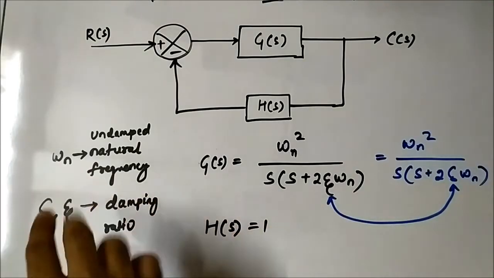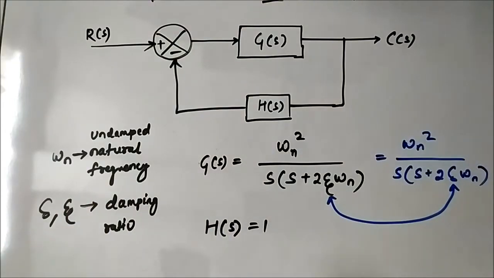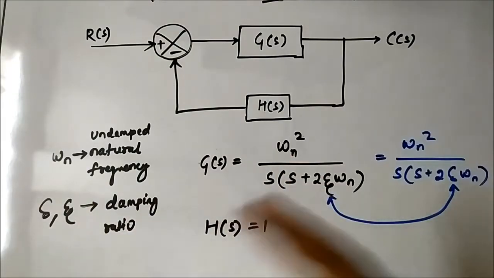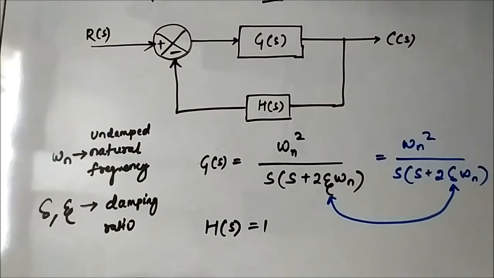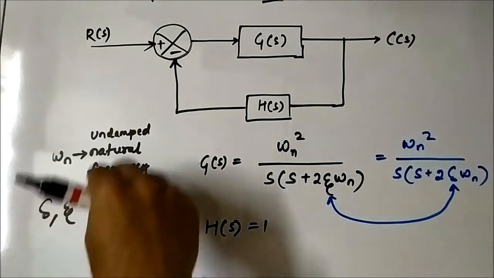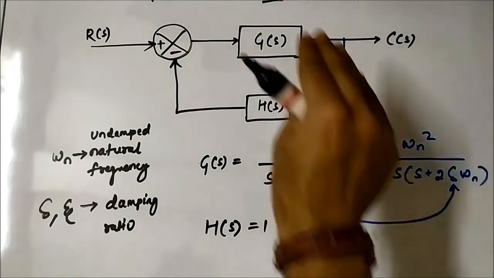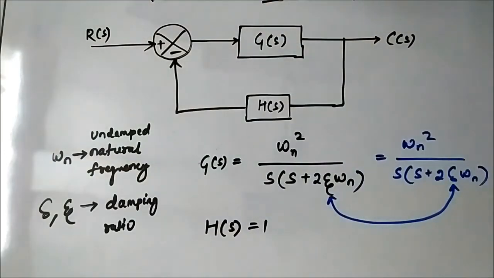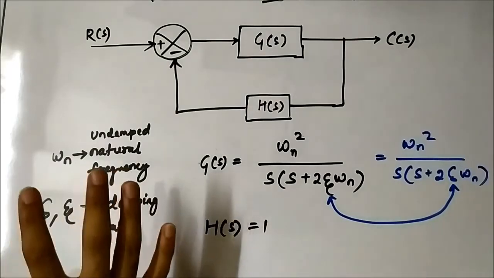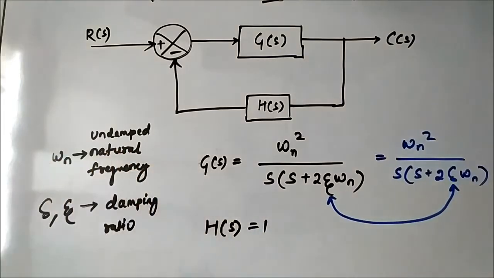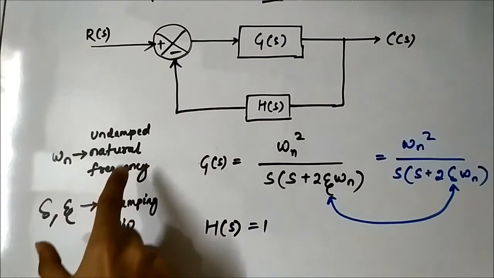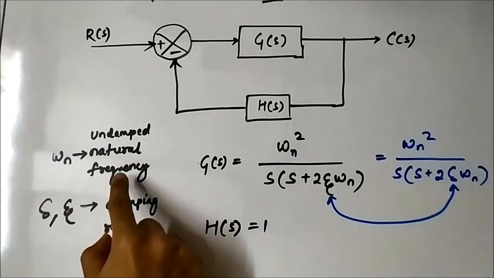We'll discuss the significance of these symbols when we go deeper into the analysis, but for now just understand and remember these things, so that it would be easy while discussing the output response of a second order system to various control inputs. Afterwards, in separate videos, I will discuss the significance of these things.